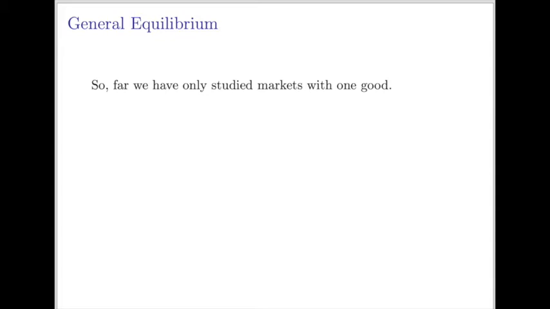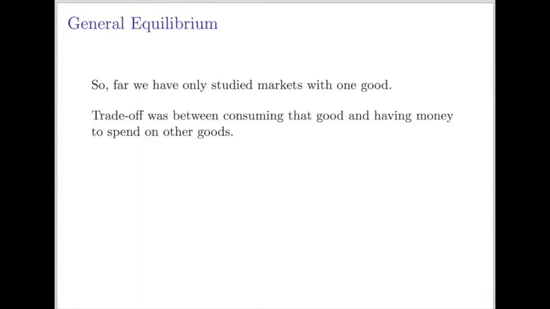So far, we've looked at markets that have just one good. And the trade-off for the consumer was between consuming that one good or having money to spend on other goods. So we call that a partial equilibrium.